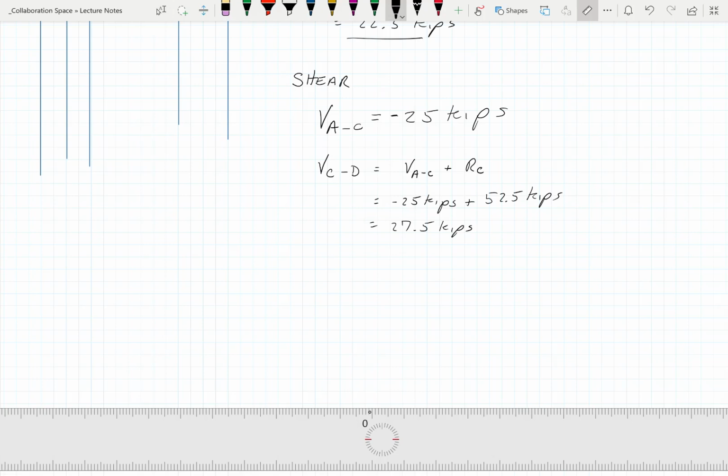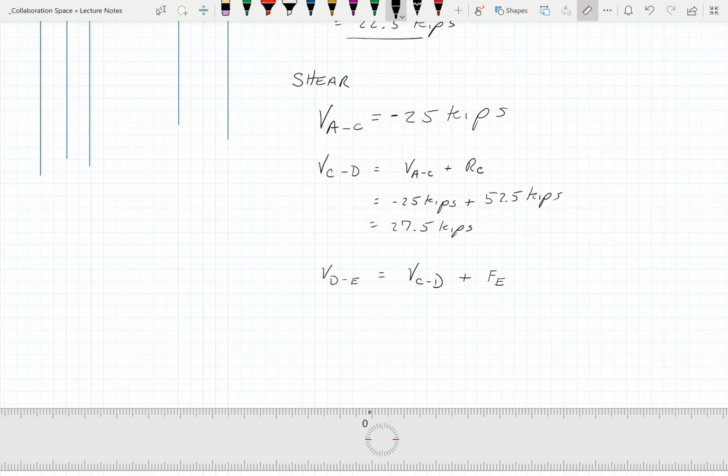All right. Moving down to V, D to E. So that's V_CD plus the force at E, right?